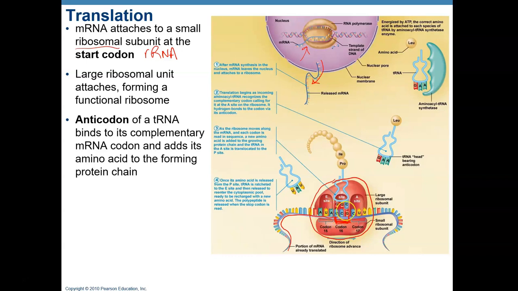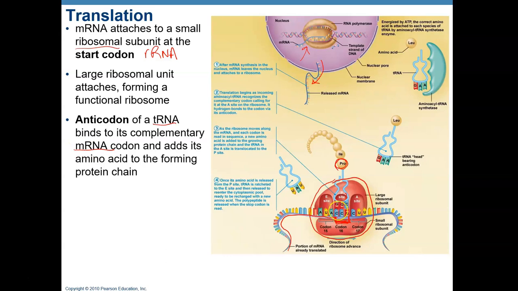The tRNA with GGC will come in, and it will have the associated amino acid on it. So this is proline. And so proline is GGC, and it's going to then say, hey, this is the next amino acid for this protein. So the anticodon of a tRNA binds to the complementary mRNA.